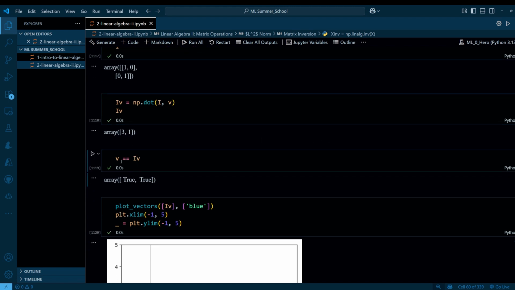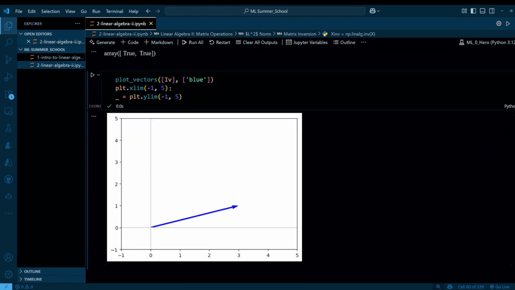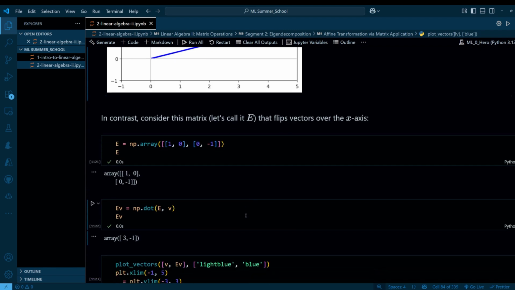If we check whether they are the same value, it says true. And you can see IV in the blue color, not the light blue, is exactly 3, 1. We multiplied I with V, and the position has not changed, because it's the identity matrix. Whatever you multiply with it does not change.